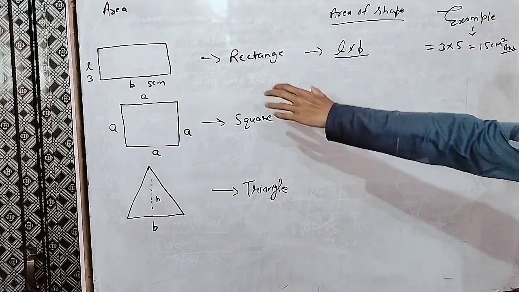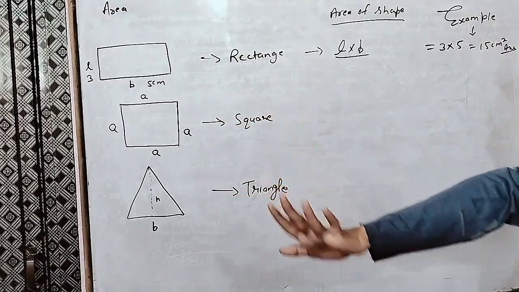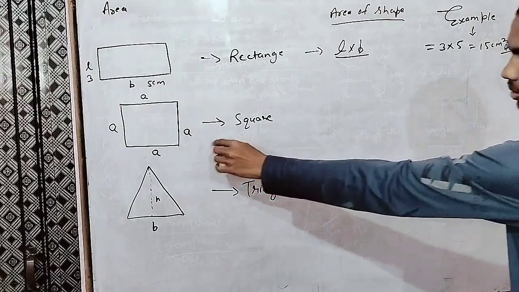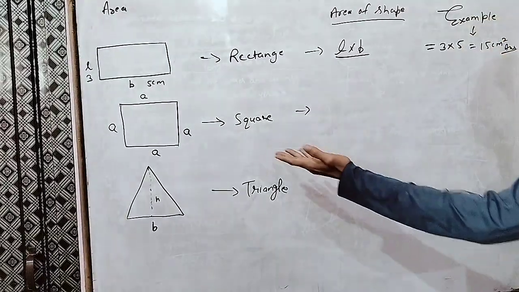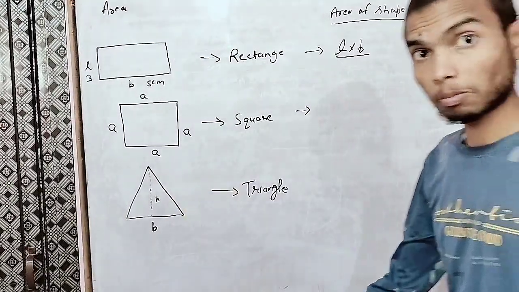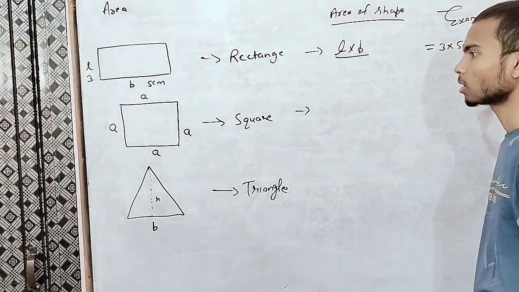I hope you are crystal clear about it. Now I am moving to the next, which is the square. How to represent the area of this shape in mathematical form with a variable?